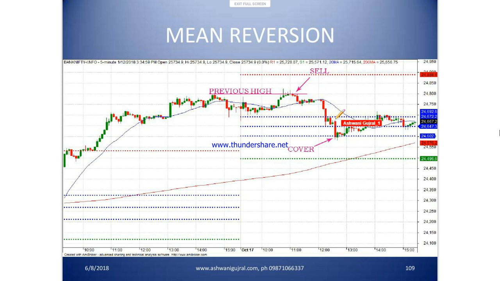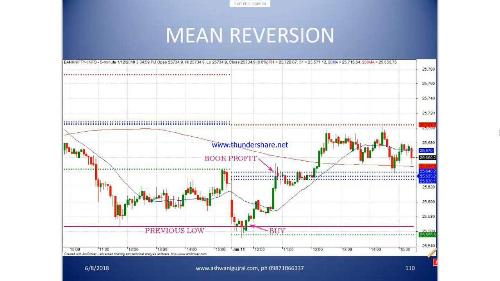So this is called mean reversion. This is the mean. And reversion means you go to one extreme and collapse back. Again, this is a low, market opens at the same low as previous day, does not sustain and starts to go back towards the mean.